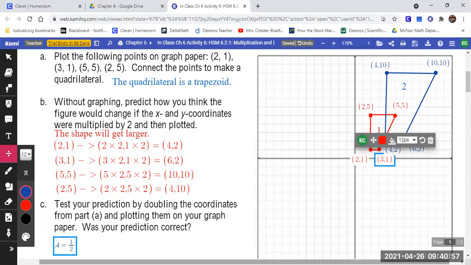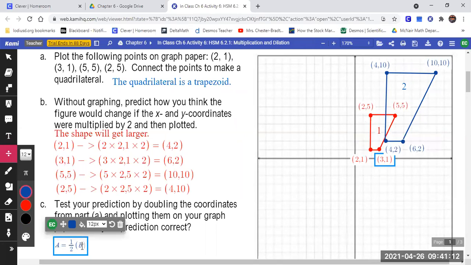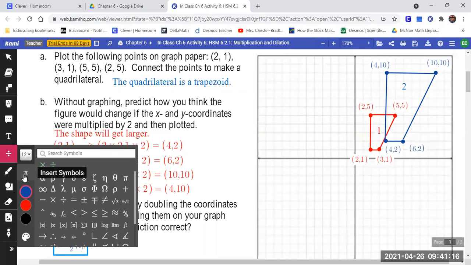1/2 times the quantity of base. And what we need to do is go subscript. Because we need to say base 1, base 2.